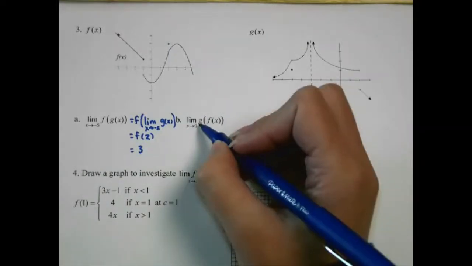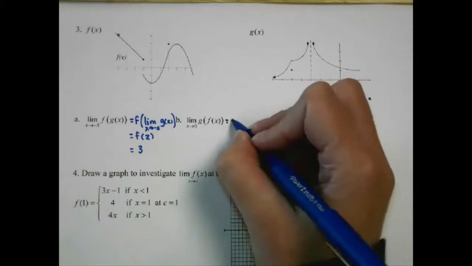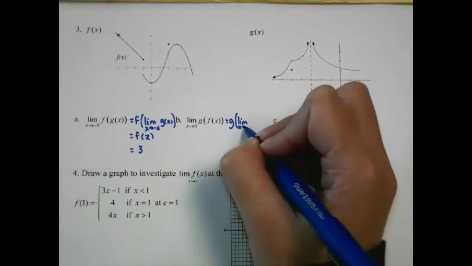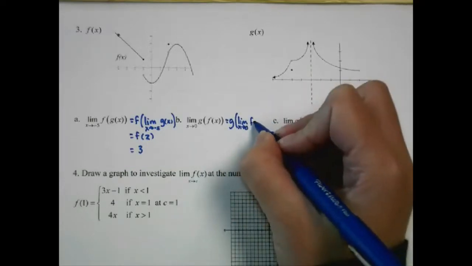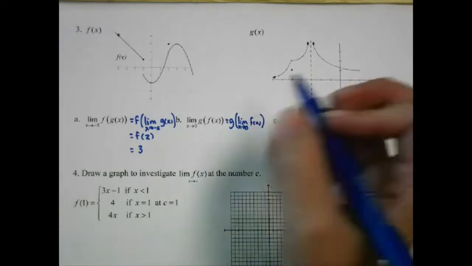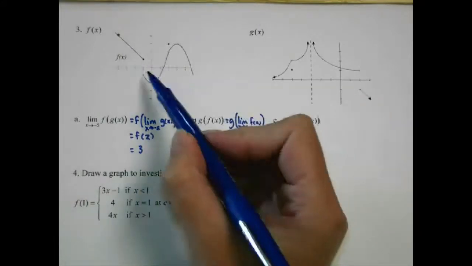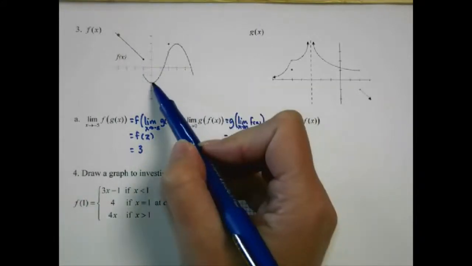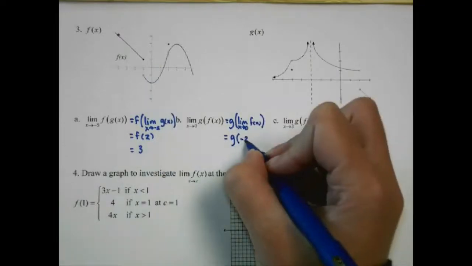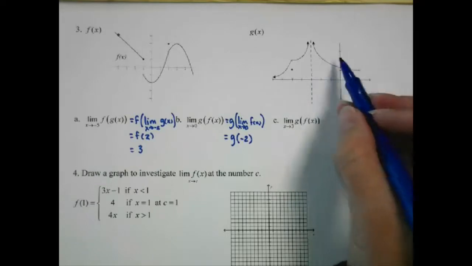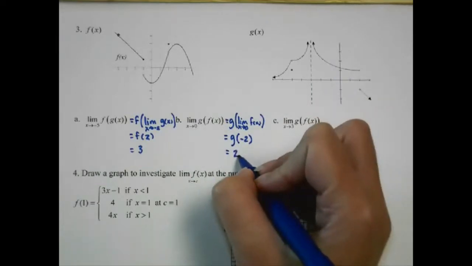The limit as x approaches 0 of g of f of x is g of the limit as x goes to 0 of f of x, which is going to be g of, we'll look at the limit as we approach 0. Well, that's at -2. Then we use the graph here. -2 is at +2.